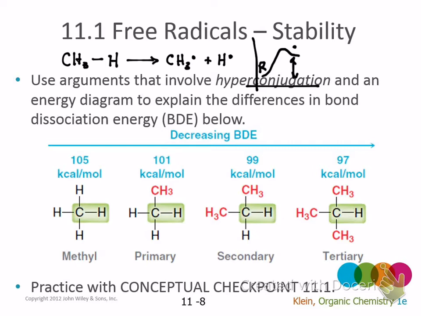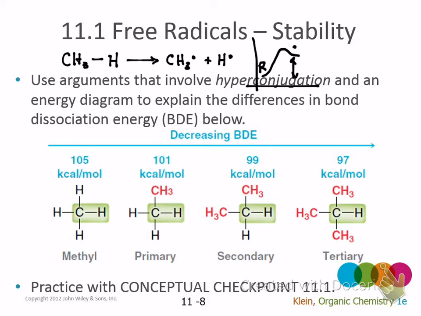Why is that important? Because when you do a radical substitution reaction, you have to form a radical, right? It's going to give regiospecificity to the reaction. Wherever the radical forms that's the most stable is the one that'll give the major product.